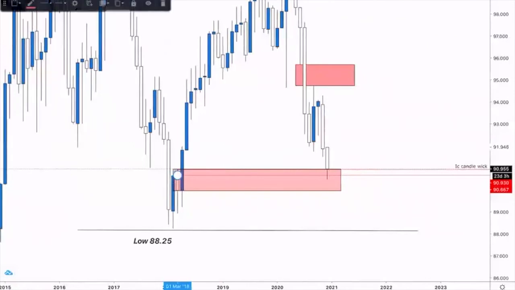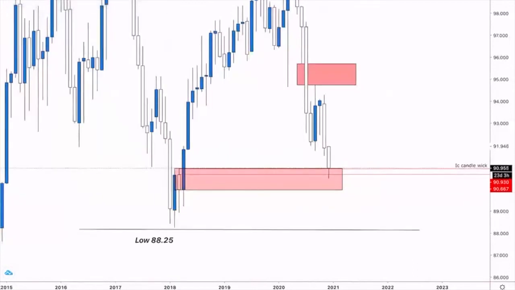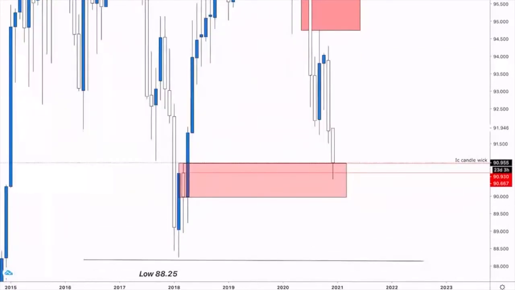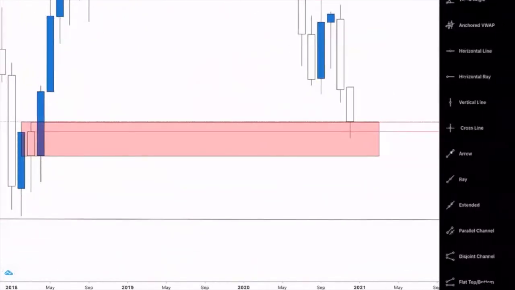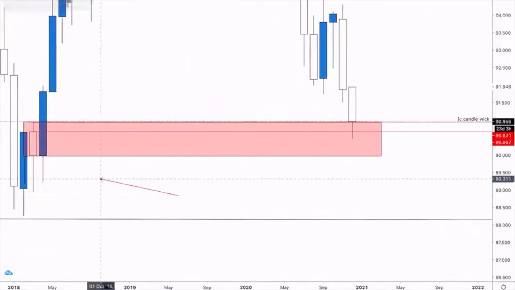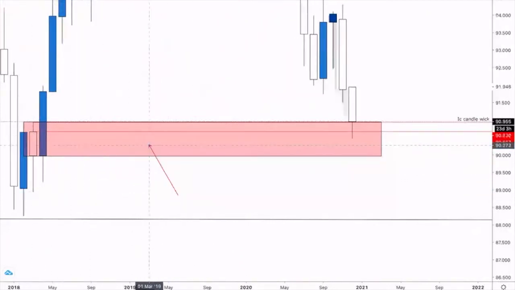And I have the IC wick, institutional candle wick, which is 2 price points of where price could react off of. You can see how price literally punctured this candle. Following the red line, which is the open of the candle, it went inside the open of a monthly institutional candle.